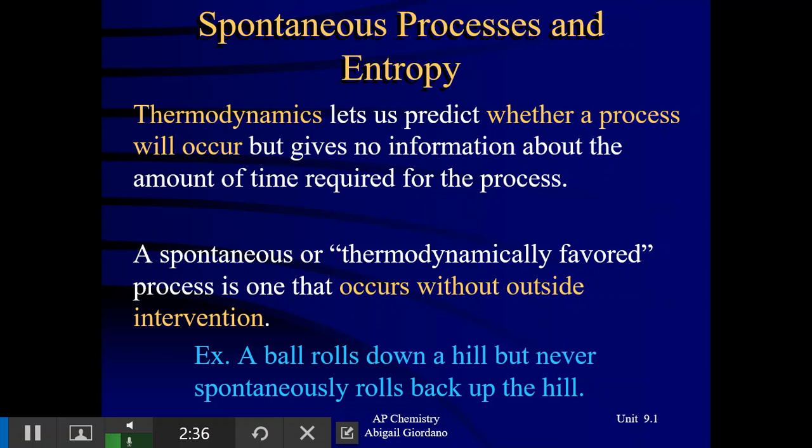That's something we're going to talk about in this unit. But one of the big concepts in Unit 9 is being given information about a particular process, and being asked to predict or prove whether this process will be thermodynamically favored or not.